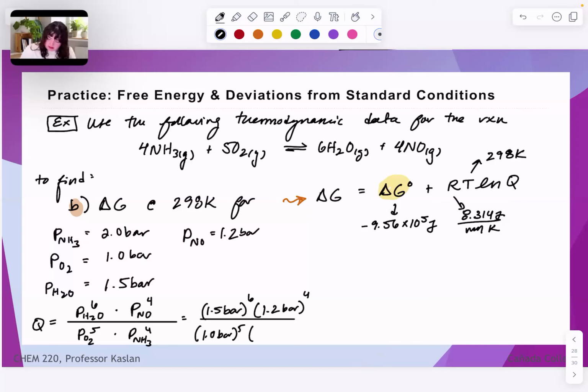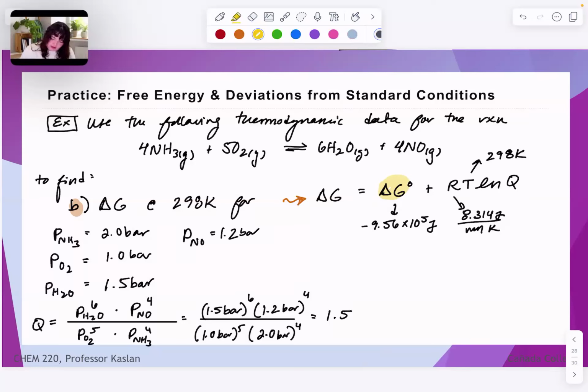And then we have pressure of NH3, which was 2.0 bar raised to the 4th. All right, let's see. What do we get when we find that actual reaction quotient value? So to the 2 sig figs that I'm limited to, I get 1.5 as my reaction quotient Q.